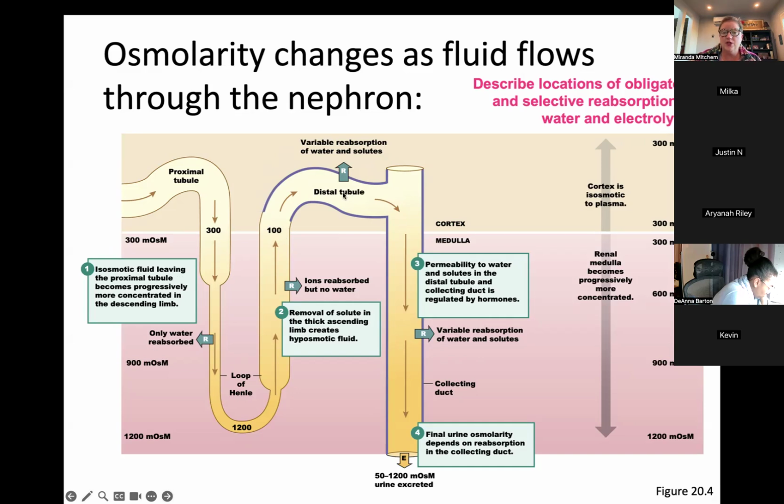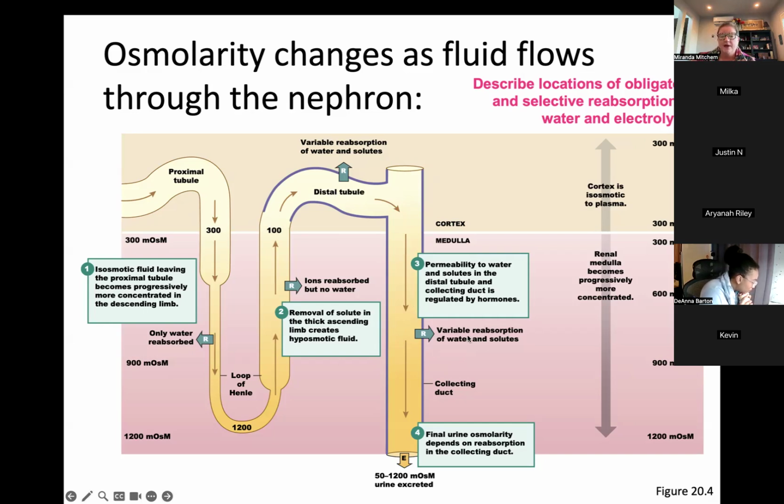As we get closer to the end of the nephron, notice that we are able to recover water and solutes. So when we're in the proximal tubule and through the loop of Henle, we've got selection of which is reabsorbed, but the body wants everything back. And so it's going to pull everything back as far as it can. So that's why there is reabsorption of water and solutes in the distal tubule and also in the collecting duct.